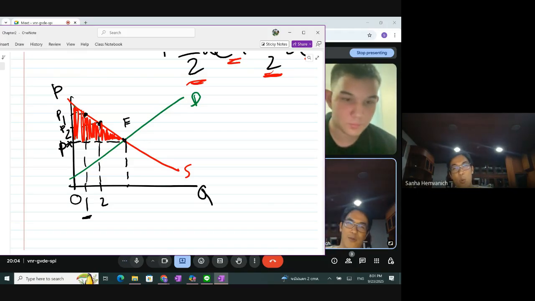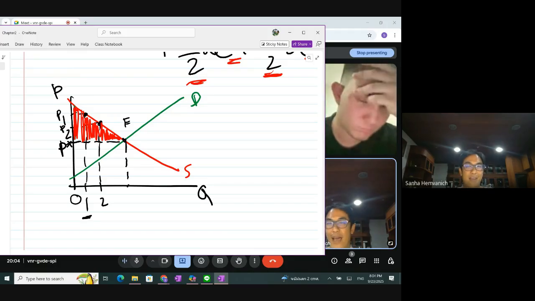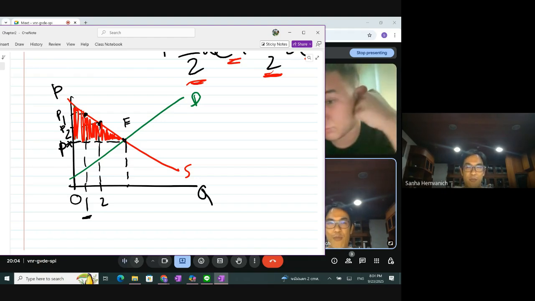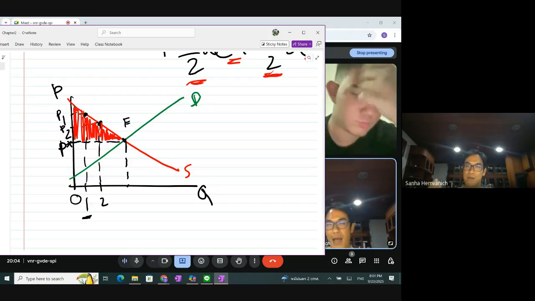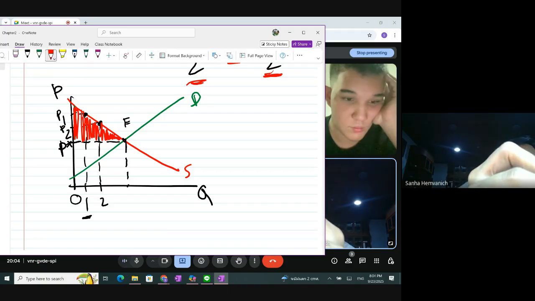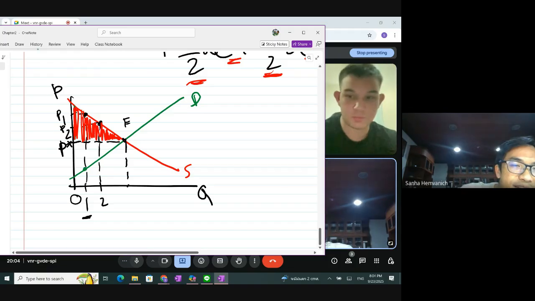Let's assume that normal profit is 0, like in perfect competition, where people don't make any profit. So how much is the producer willing to sell the first unit for?